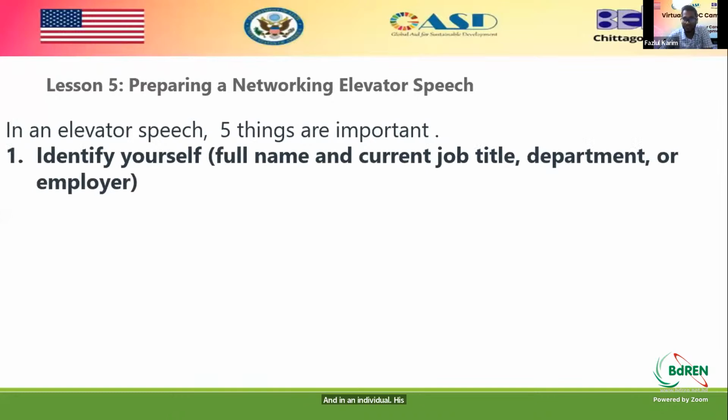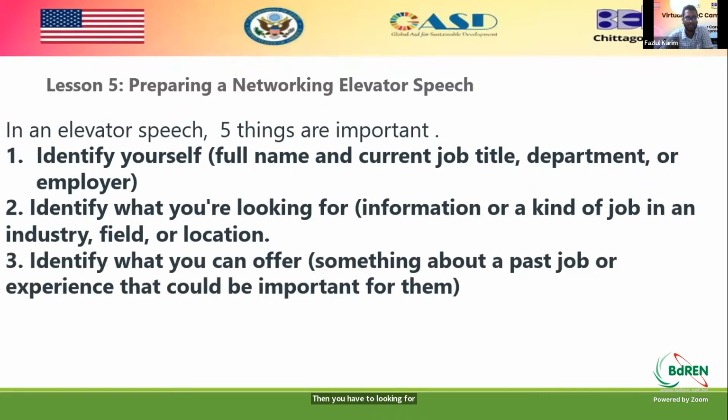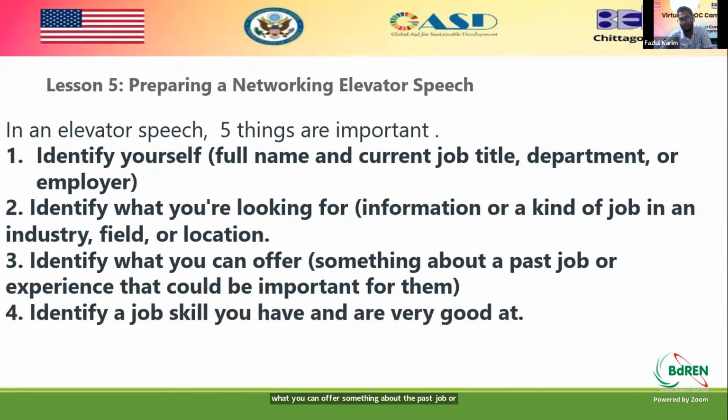That is, you have to identify yourself, and in identifying yourself, full name, current job title, and department or employer are important. Then you have to say what you are looking for, the kind of job in an industry, field or location. Then identify what you can offer, something about past jobs or experience that could be important for them. Again, identify a job skill you have and are very good at, and ask general questions.